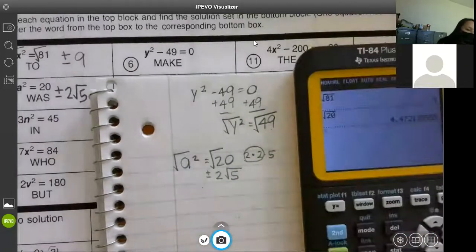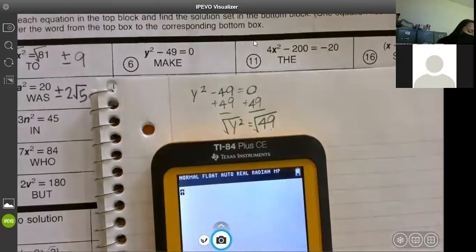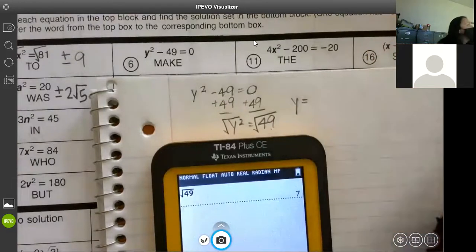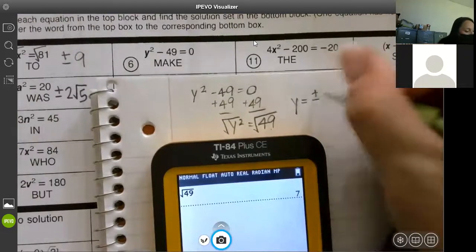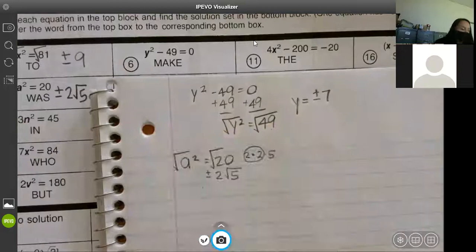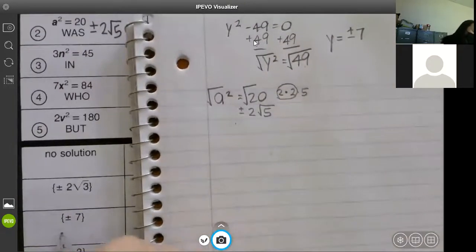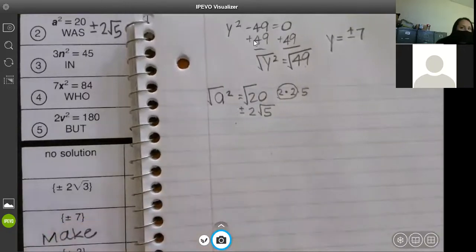And if you go in your calculator and you do the square root of 49, you'll see that you get 7, but what's our actual answer? Not just 7, but also plus minus, negative 7. So a positive 7 and a negative 7. That answer is right here. And that word was make.